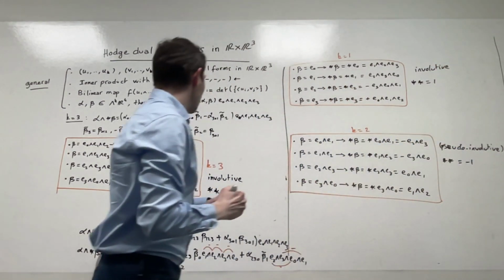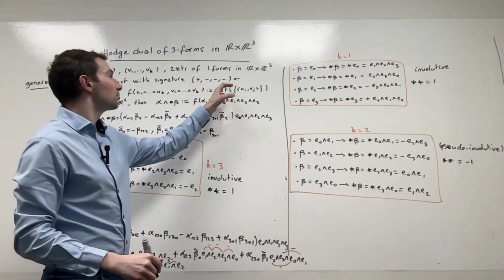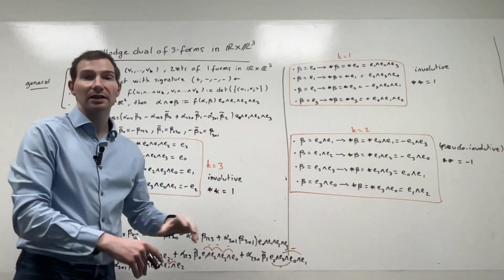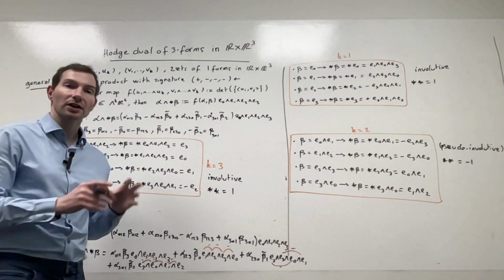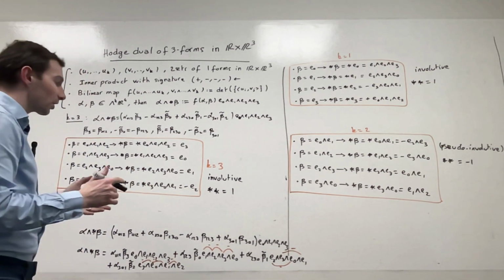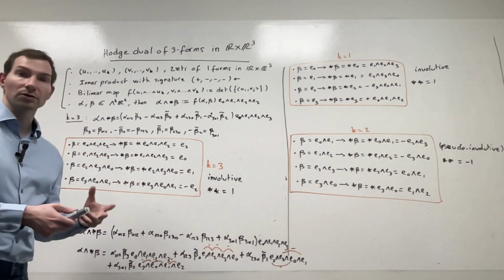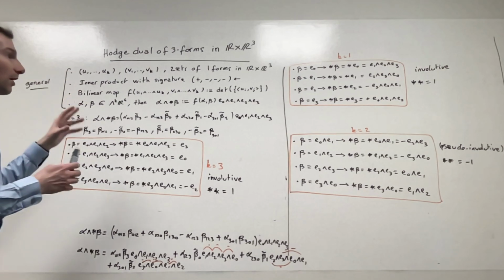Now note that these results may depend on the signature you choose here. If you choose to use minus, plus, plus, plus, the rules we've sorted out here might be a bit different, so keep that in mind. But otherwise, these are the rules for getting the Hodge duals from the basic definitions.